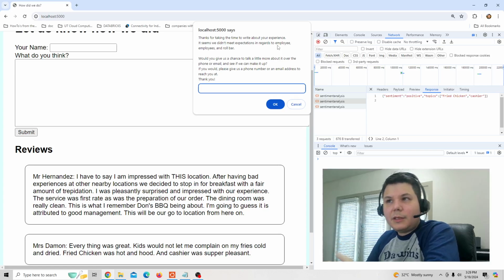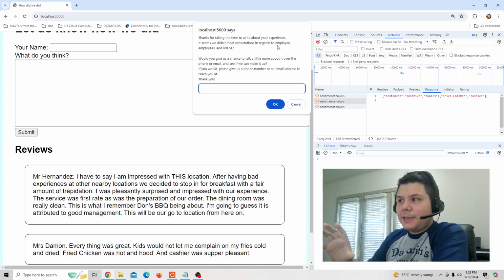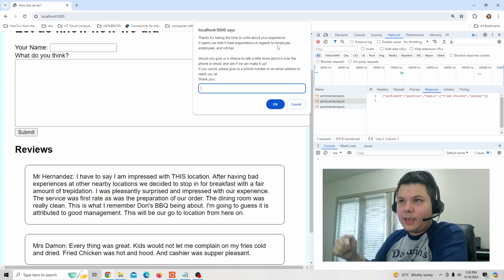It seems we didn't meet expectations in regards to employees and roll bar. So it seems the AI has been able to determine that this was a negative experience based only on the text, and is also able to tell what was wrong about the experience based on the text. Employees, roll bar.